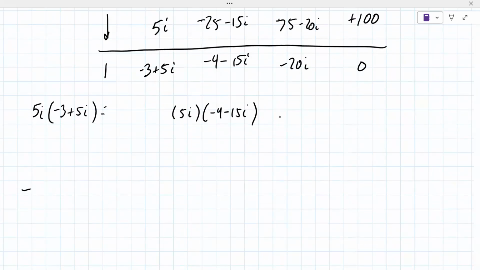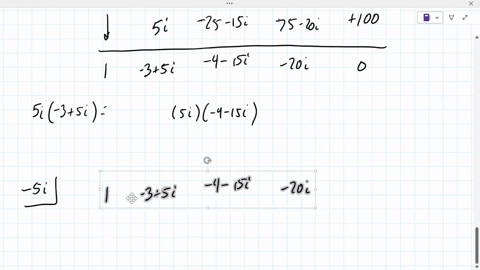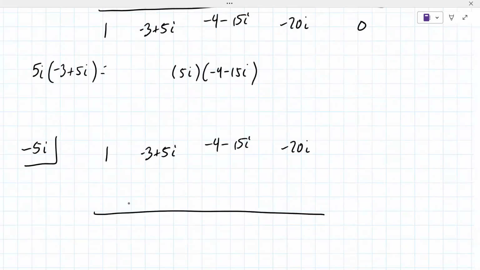All right, so let's do it now for minus 5i. So this time you've got to bring the coefficients down. If you didn't do all this work, you could just grab it and do it right there. You don't have to rewrite it like I'm doing. That'll save you a little time on the test. But go ahead and work this out.